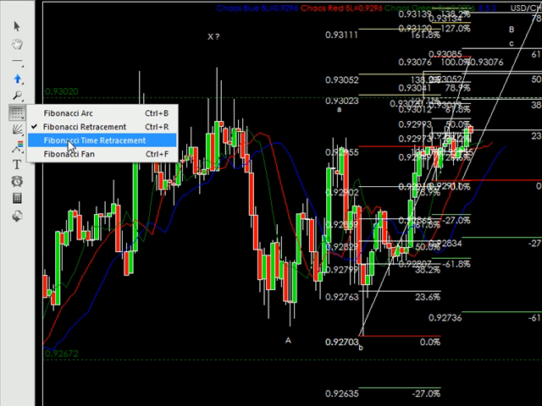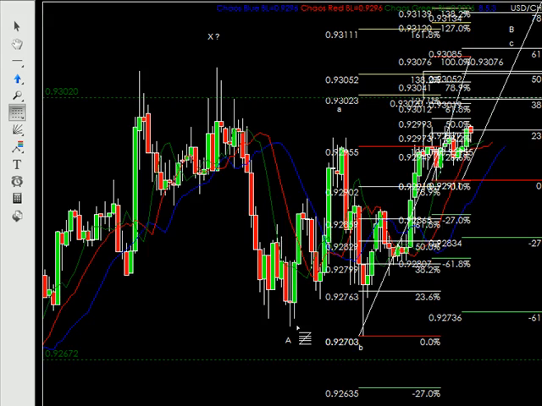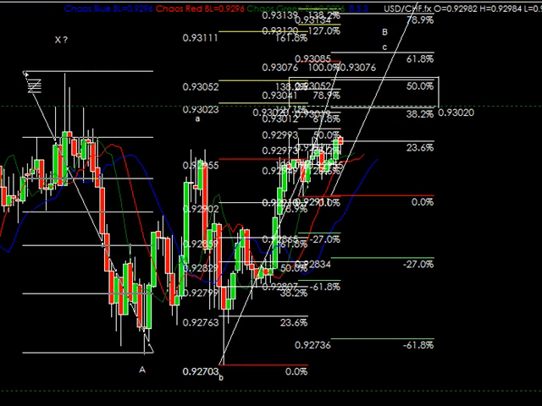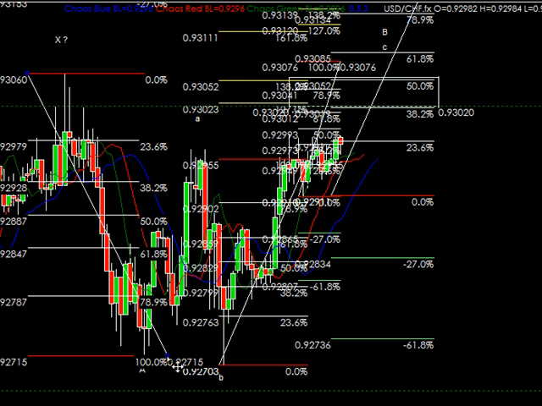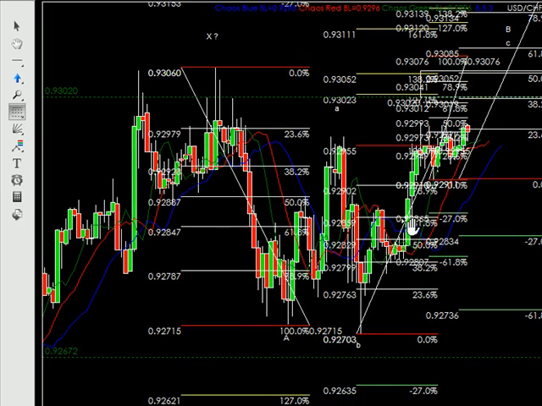Okay, and finally, this whole thing should retrace this wave down here. Now, if wave A is in fact a 5-wave move, any retracement above that should not exceed this level here at 93.06.